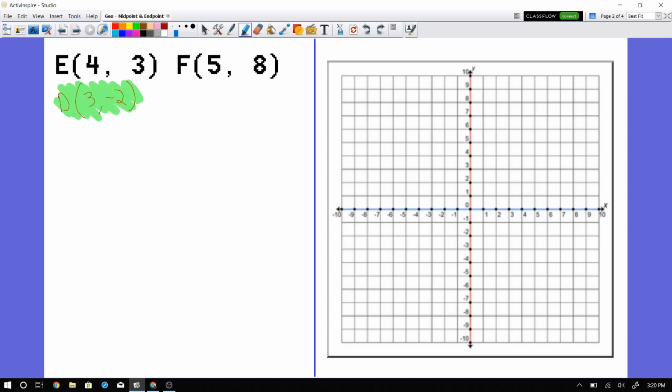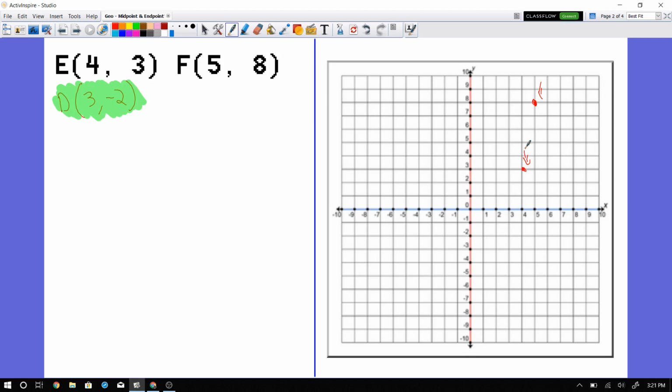We should end up, by using the slope, with a point that should be 3, negative 2. I'm going to plot 5, 8. The way we just did it is the way your teacher's going to show you. Then E is 4, 3.